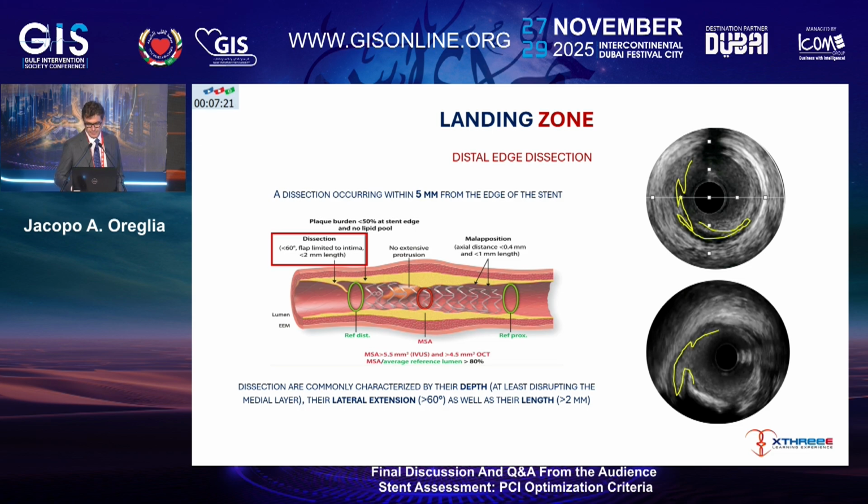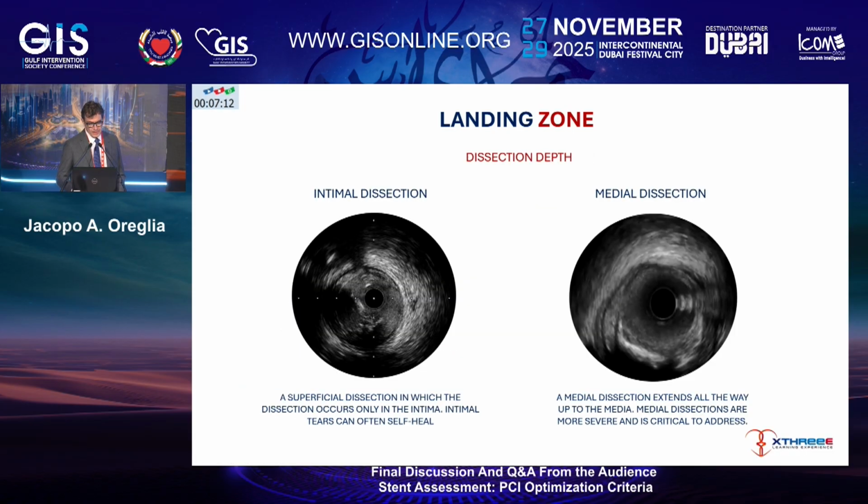And here you can see a pretty small intimal dissection in this situation, and a deeper medial dissection in this situation. So dissection is characterized also, as I was saying, by the depth of dissection. Sometimes we have dissections that are only related to the intimal side.